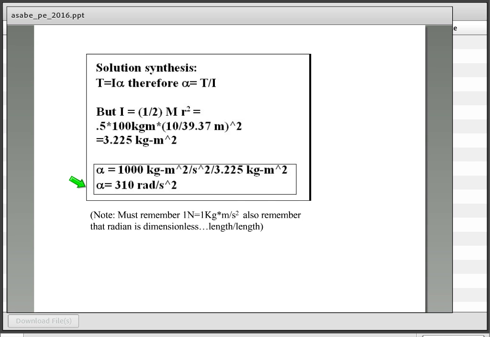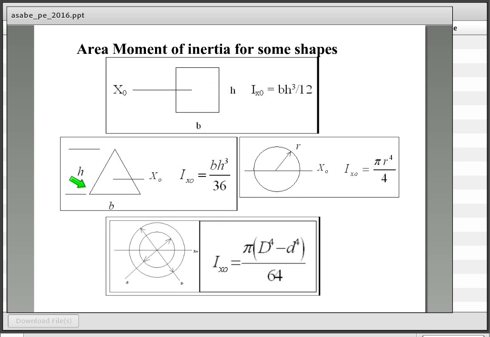All right. We mentioned the area moment of inertia for cross sections of beams or parts, and that is defined as the integral of the area times the square of the radius from an axis, over the entire area.